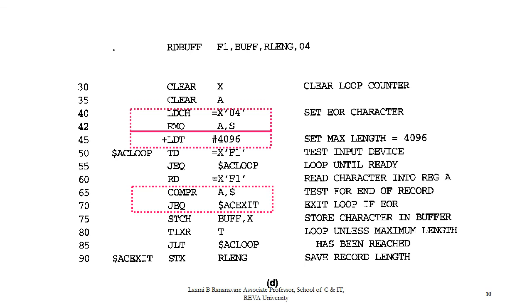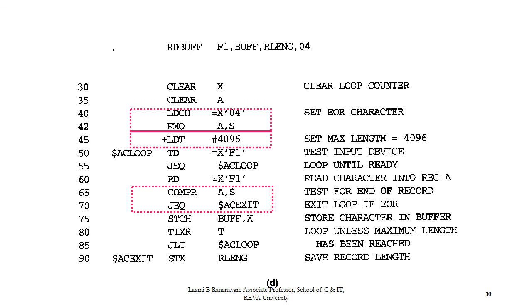The contents of the accumulator are compared with the contents of the S register, and if it is equal, then you are going to move to location exit. If it is not, then that character which is present in the accumulator you are going to store in a location whose target address is computed by buffer plus the contents of the index register.